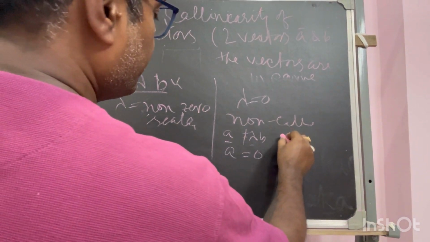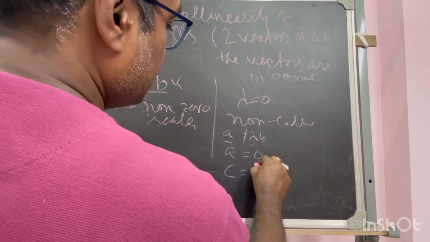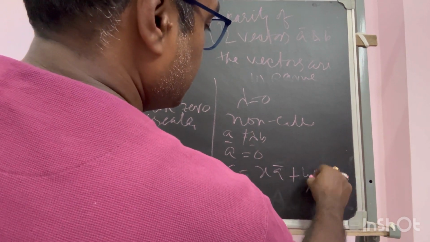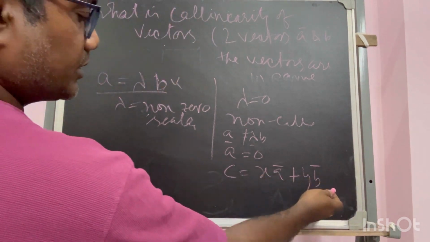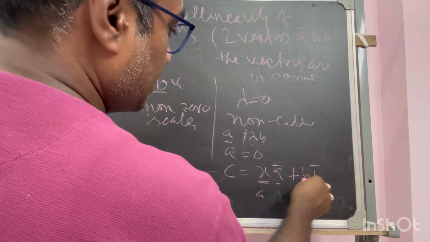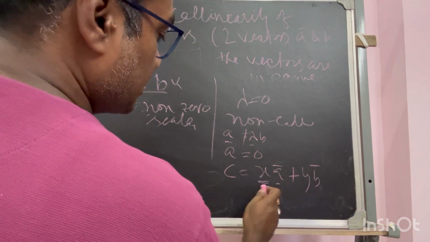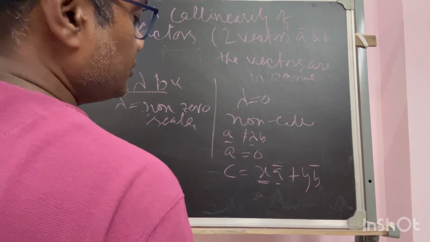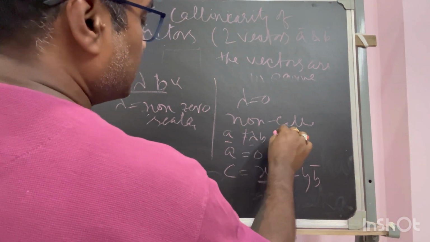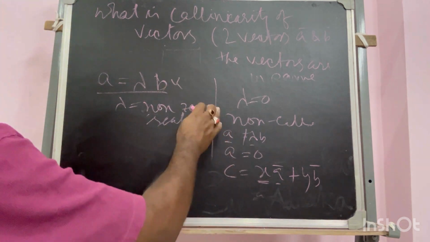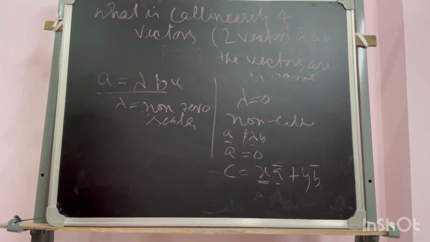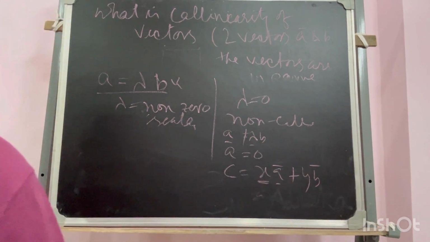If I represent any other vector with the help of vectors a and b, then either of the two scalars could be 0. So lambda could be 0. If examples arise in such a way, then we can put the condition that lambda should be 0 for non-coplanar.